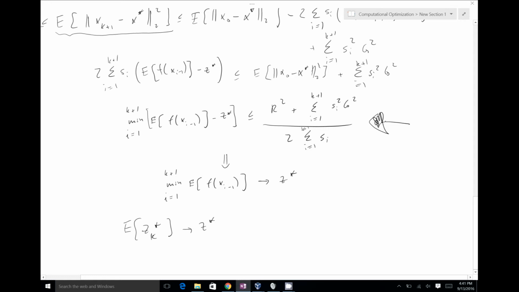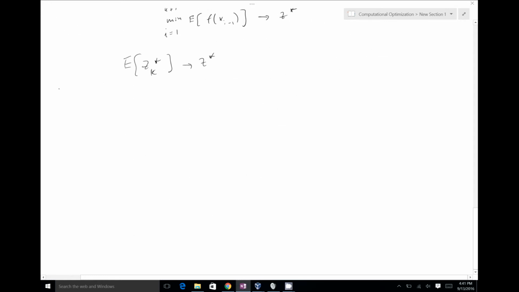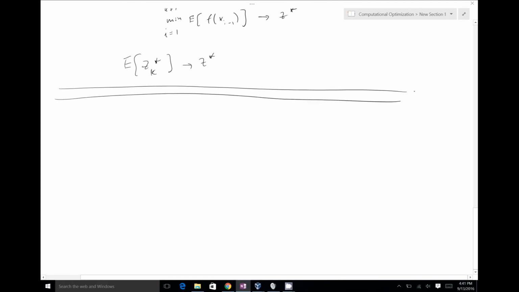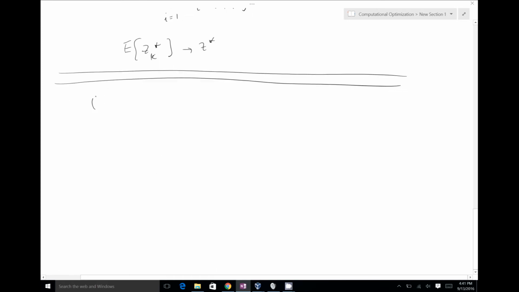Okay, so let's spend a couple of moments talking about how to get stochastic subgradients on parabolas. Let's say that I have f of x, y equal to alpha 1 x squared plus alpha 2 y squared.